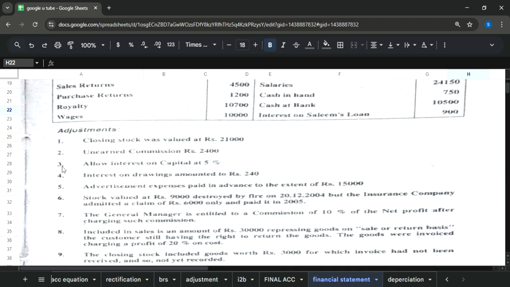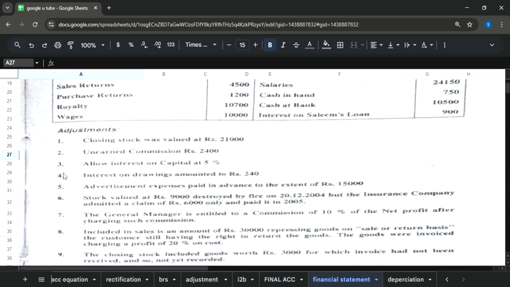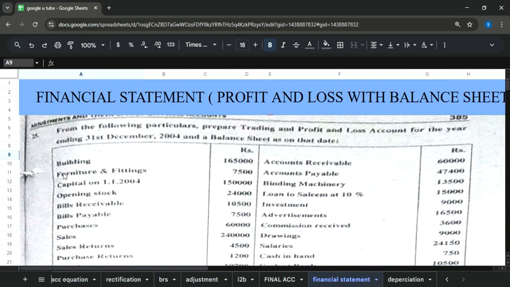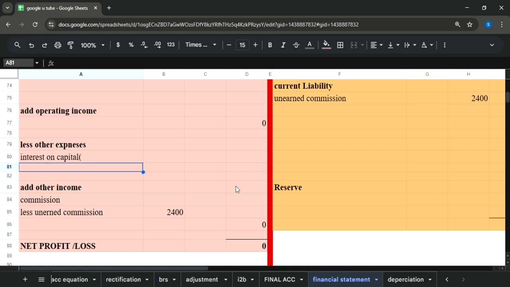Next is interest on capital, an other expense, and here you will calculate interest on capital. Over here you will see how much the amount of capital is. Since I was telling you all of the amounts are mixed, we have found capital of 150,000.